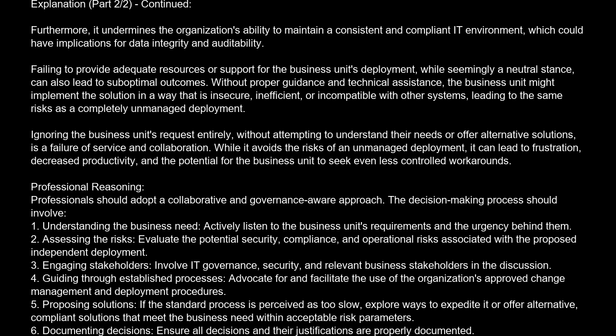Guiding through established processes. Advocate for and facilitate the use of the organization's approved change management and deployment procedures. 5. Proposing solutions. If the standard process is perceived as too slow, explore ways to expedite it or offer alternative compliant solutions that meet the business need within acceptable risk parameters. 6. Documenting decisions. Ensure all decisions and their justifications are properly documented.